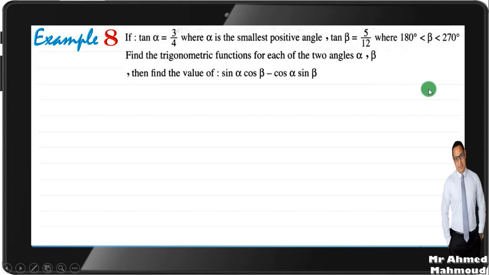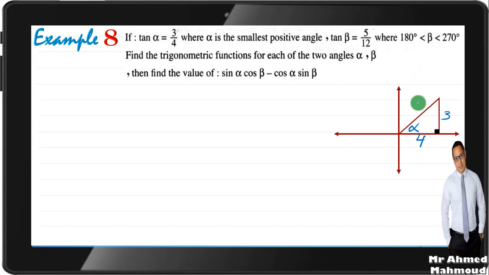So alpha belongs to the first and beta belongs to the third. So I will draw a triangle in the first and a triangle in the third like this. In this triangle, I will draw alpha here. Its opposite is 3, its adjacent is 4. By Pythagoras theorem, we get the hypotenuse equals 5. And I'm going to draw beta here.